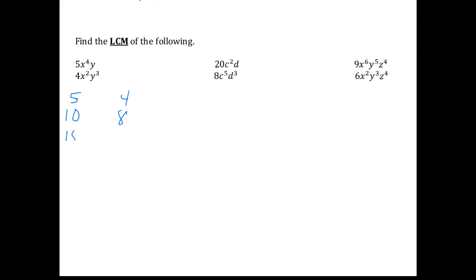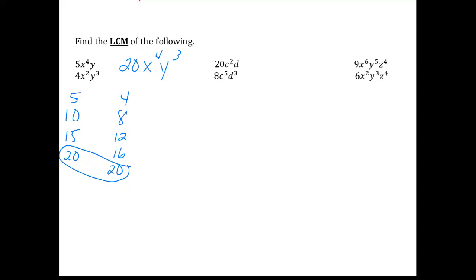So let's go to 15 and 12. They haven't matched yet, so 4 times 5 over here would be 20. And there it is. The LCM of 4 and 5 would be 20. And again, we could write out the variables, but in this case, we already know we're just going to take the largest exponent. So x to the 4th, y to the 3rd.